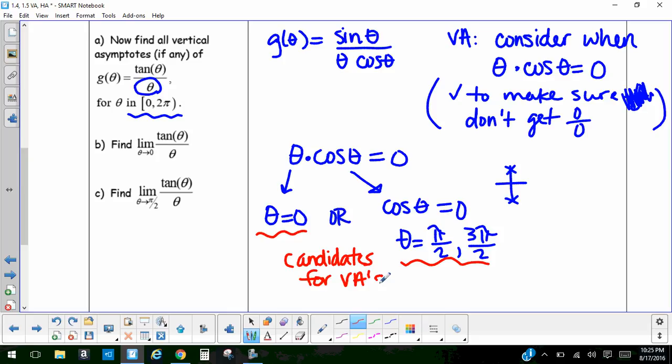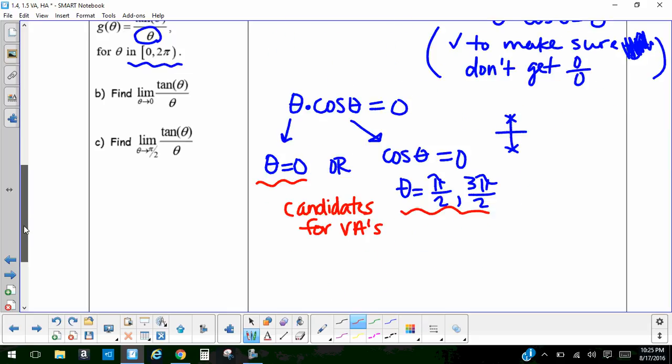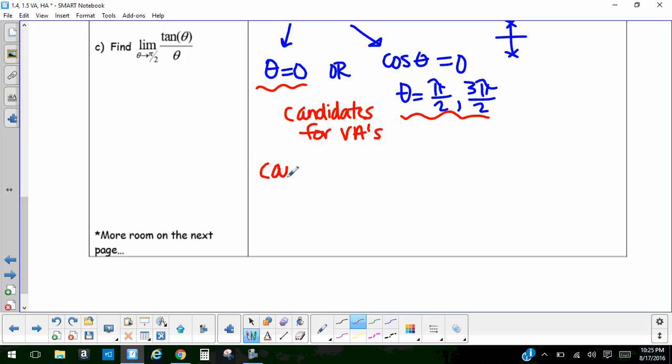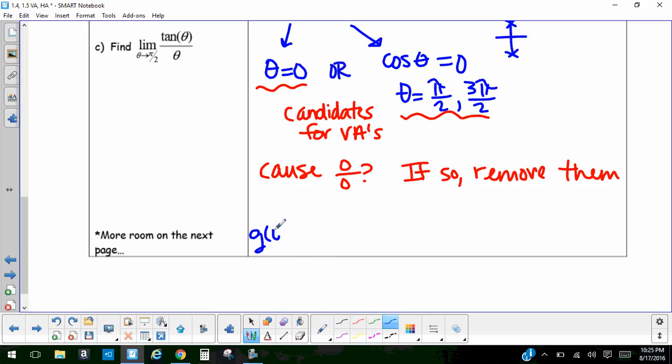You need to check, do they cause 0 over 0? Do they cause you to get 0 over 0? If so, remove them. They are not VAs. I only have a VA if I end up with a number over 0. So basically, you can just go and check and plug in. So I can go back up to the fact that g of theta is equal to sine of theta over theta cosine of theta.